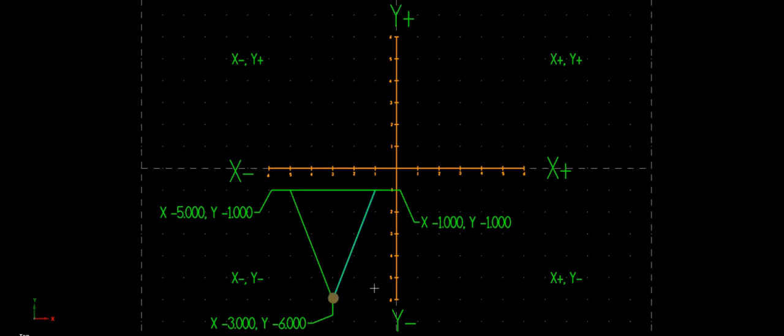It's always going to take the shortest distance between those 2 points. Okay, so that's basically how the machine interprets these coordinates. It always is going to be the center line of the tool and also the shortest distance between those points, therefore creating the angles like you see right here.